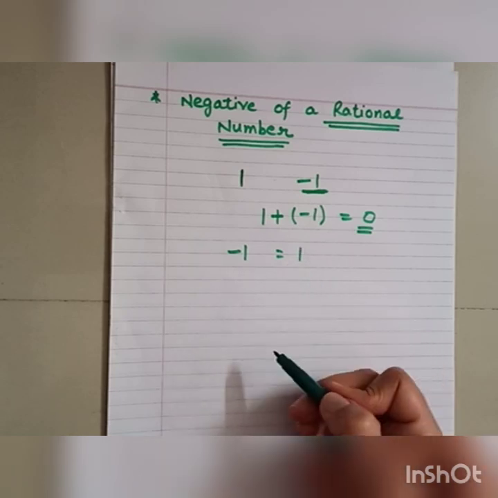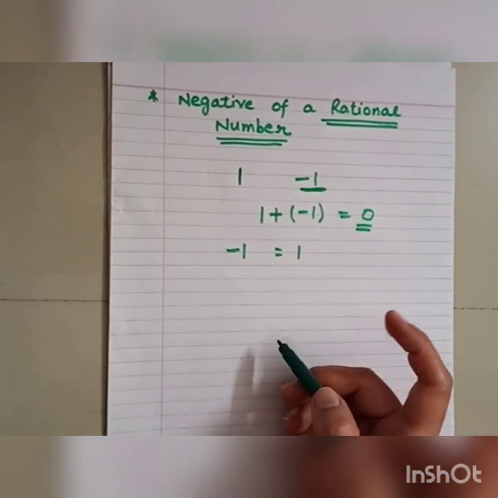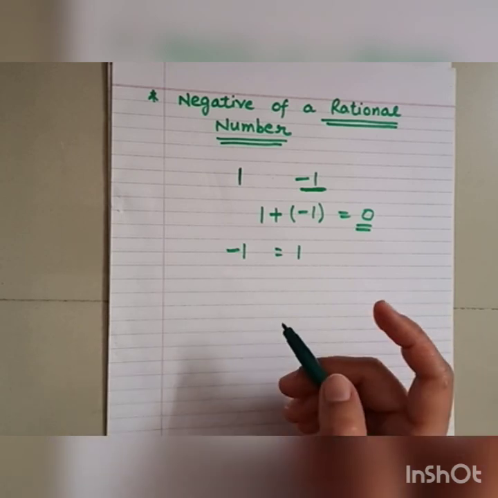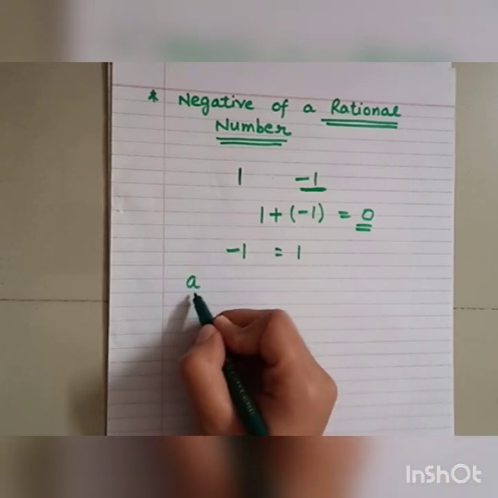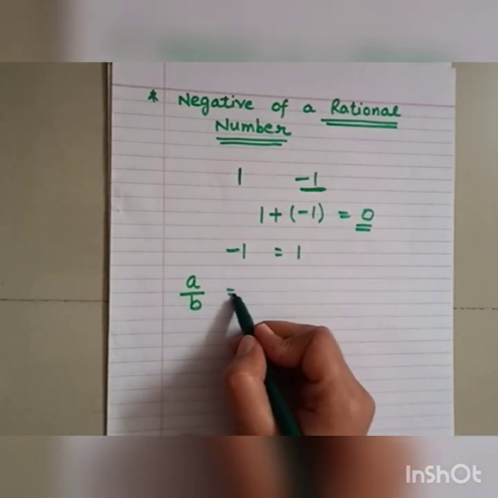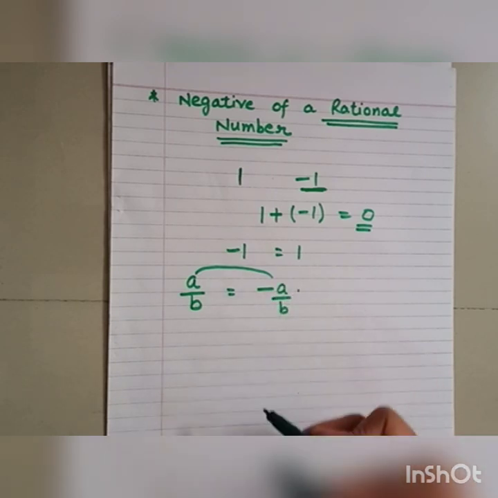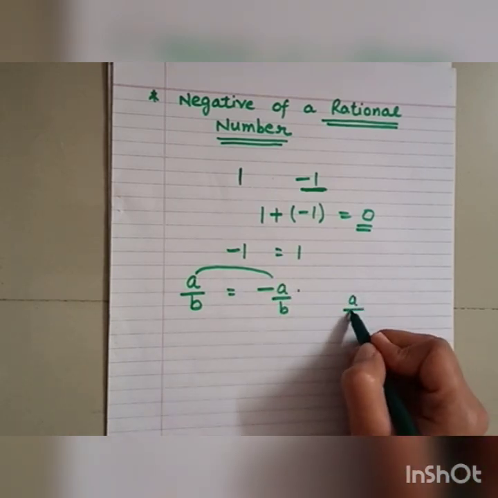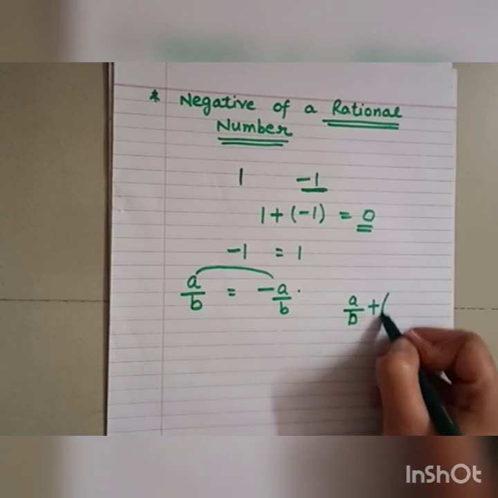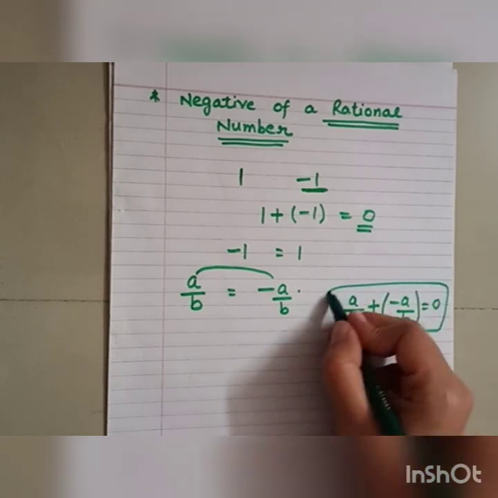That is 1. Okay. So in general form, the negative of a rational number a by b is minus a by b, because when you add these two, a by b plus minus a by b equals 0, this condition is satisfied.